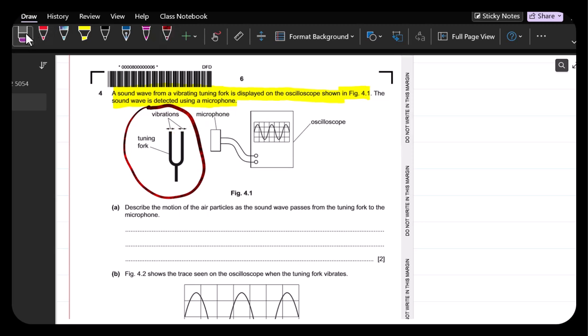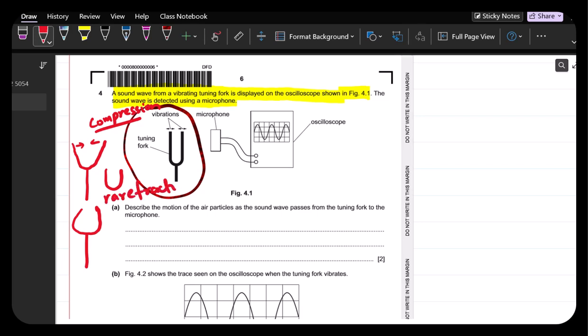When these vibrations occur, what happens? The fork is going to move somehow like this. It means compression in the molecules occurs. And when it comes back like this, or maybe a little bit like this, it means rarefaction is going to be there.